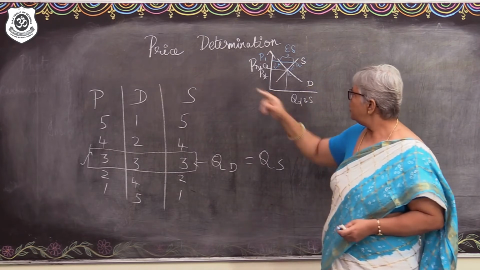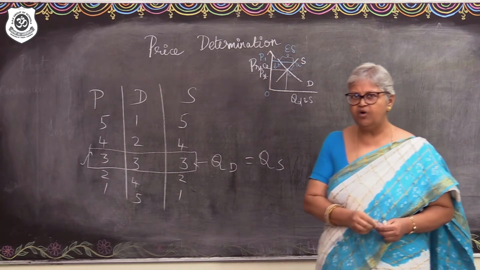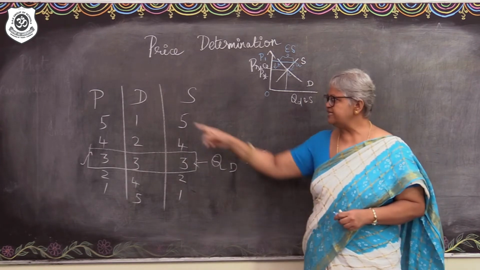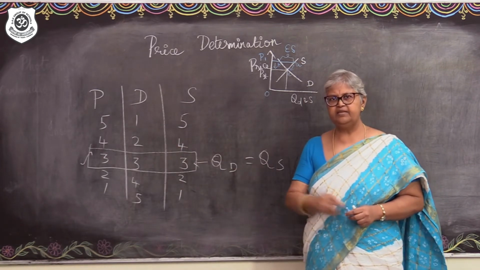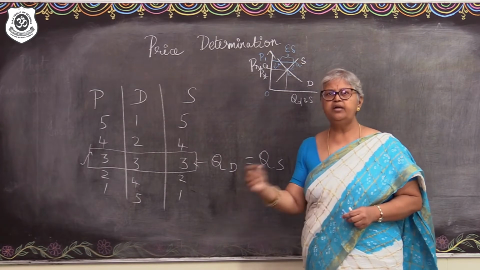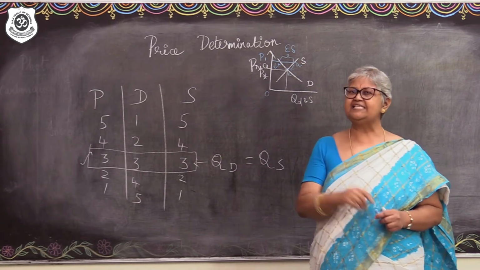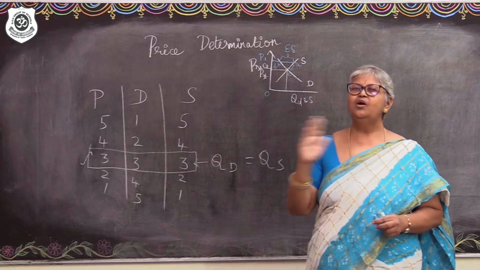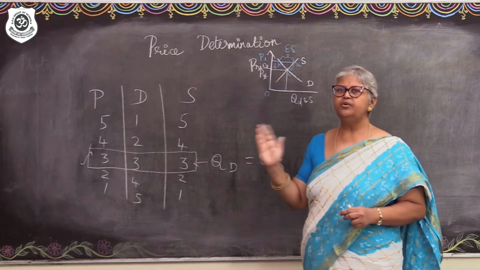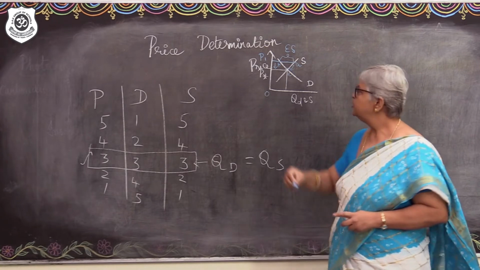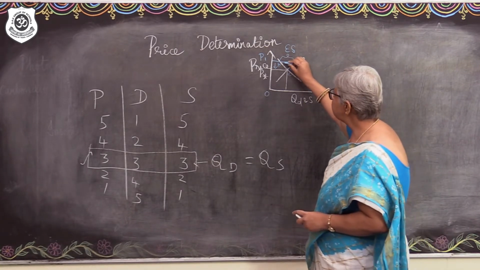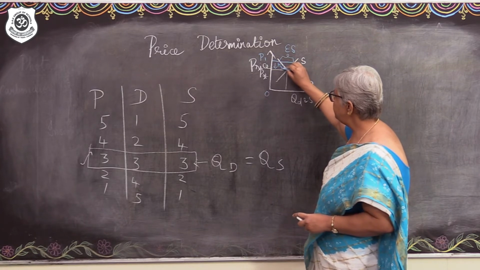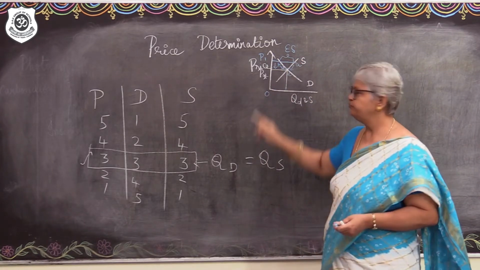And even as the price is going to fall, what will happen to the demand? You know that when the price falls, the quantity demanded extends. Again, as per the law of demand, the quantity demanded is going to extend, right? So, along this demand curve, there is going to be an extension.